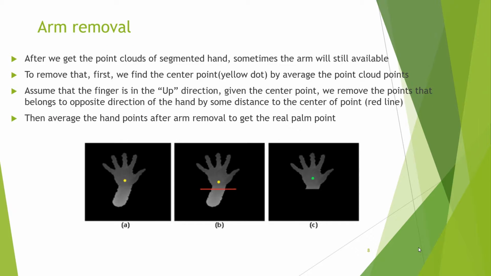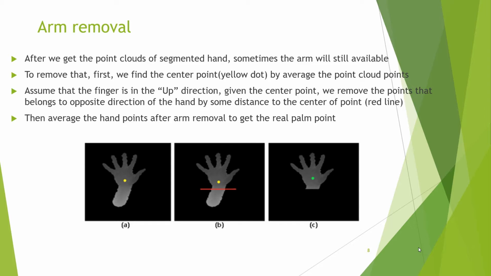But somehow the arm that belongs to the hand is still kept in there. To remove that arm we have several steps also. First we find the center point by averaging the point cloud of the hand after segmentation.